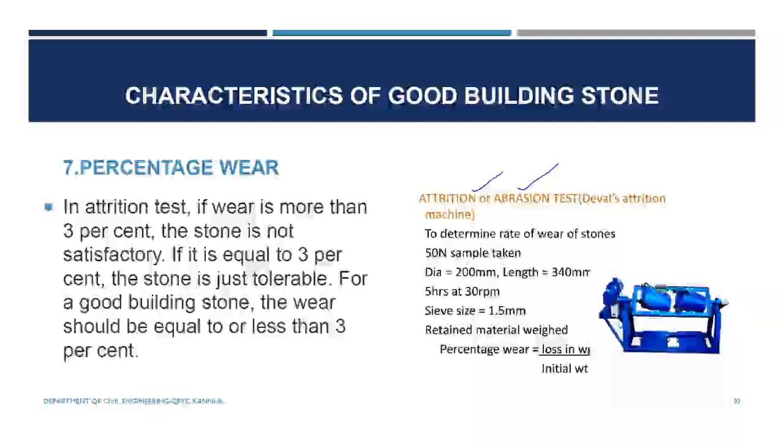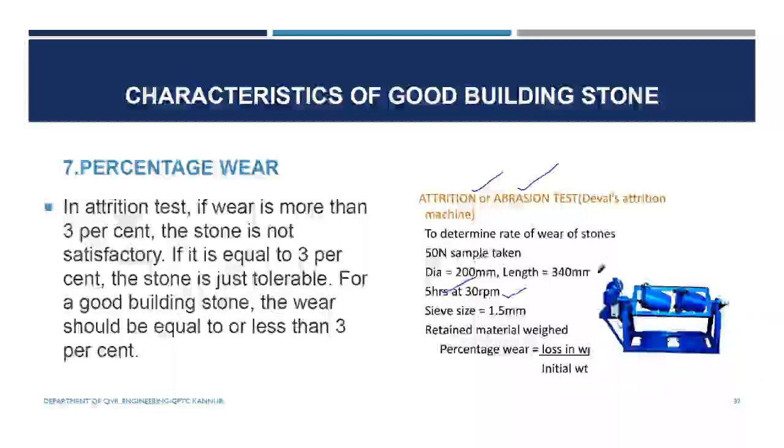Put the sample in the cylinder, then rotate at 30 rpm for 5 hours. After 5 hours, you measure the final weight, what is remaining inside the cylinder.